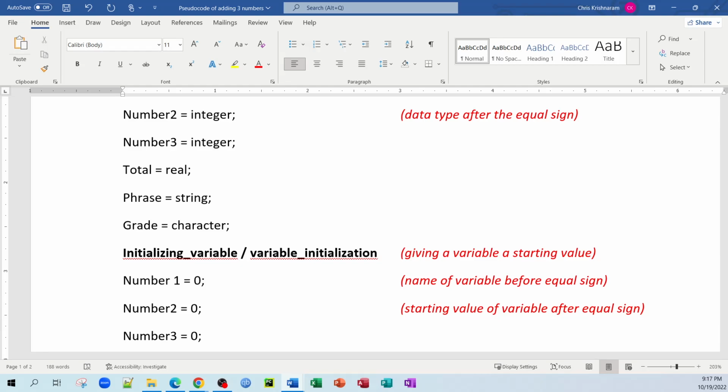That's a totally different name. Or if you named it number 1 with no space, don't type later on number underscore 1. That's a totally different variable. So you got to ensure you're using the correct name for your variable throughout your pseudocode, throughout your program.